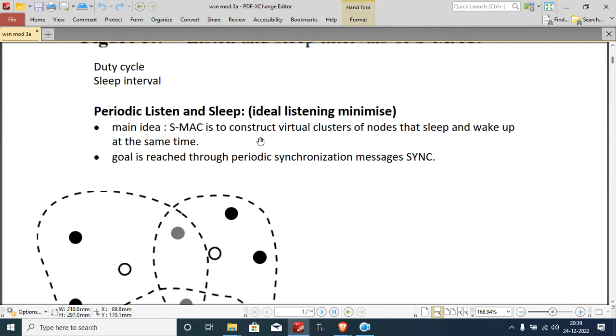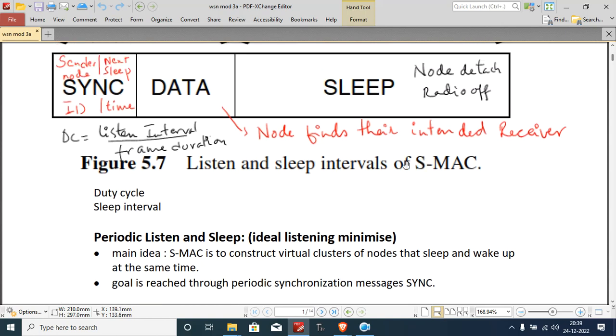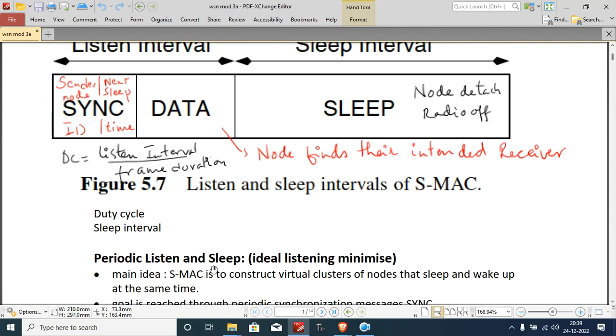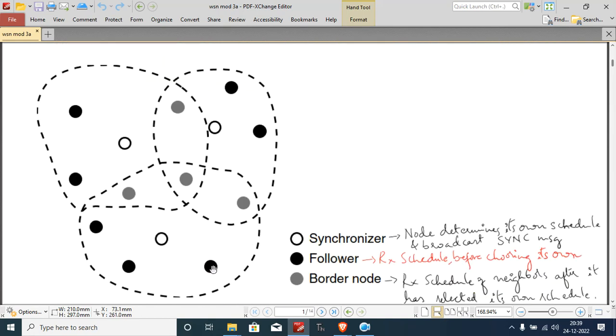So for periodic listen and sleep, SMAC constructs virtual clusters of nodes that sleep and wake up at the same time. The goal is reached through the periodic synchronization message, sync. Here we have this sync field, which is used for periodic synchronization purposes.